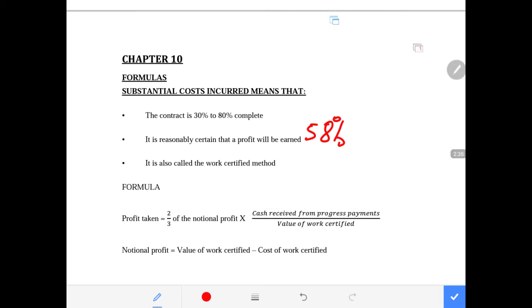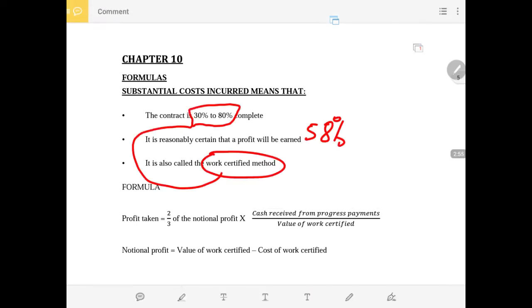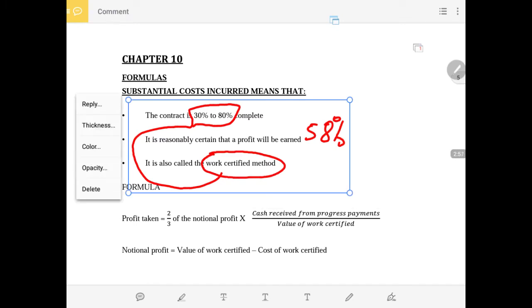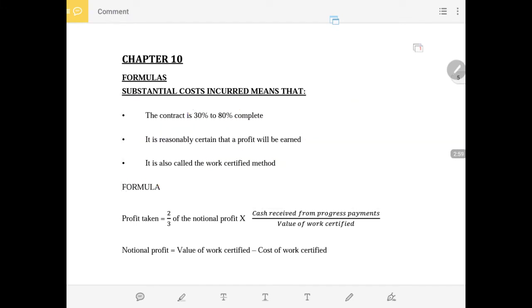Then you'll already know that the method you will use is the work certified method, because it only takes profit into account when the project is between 30% to 80% complete.